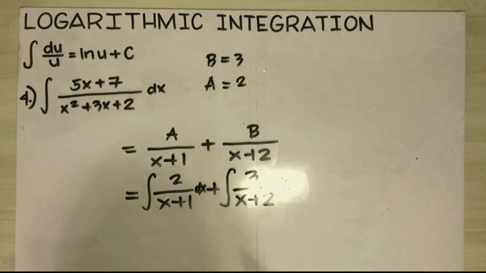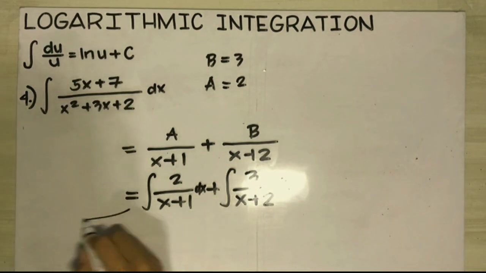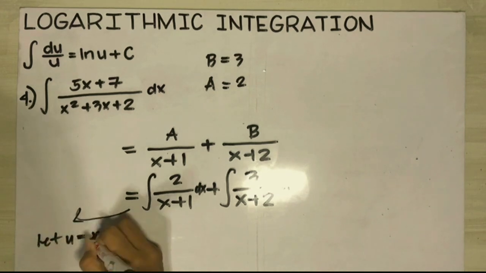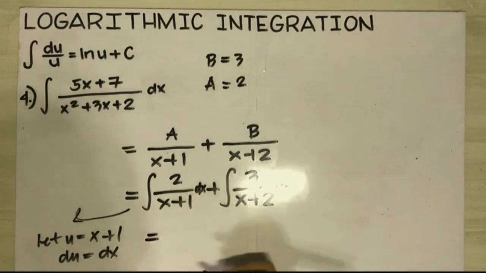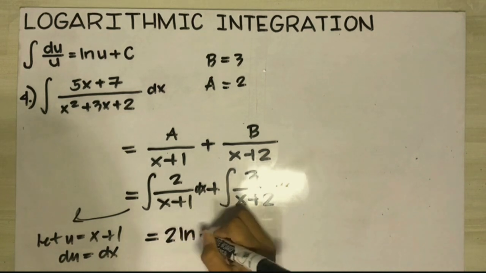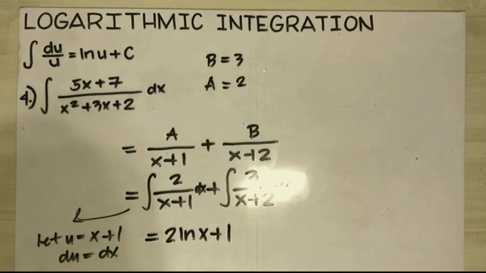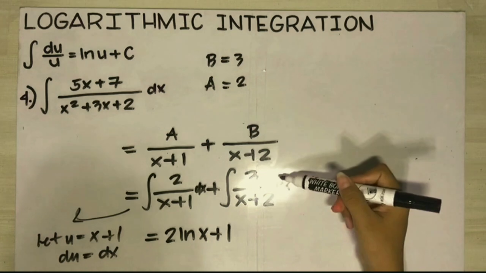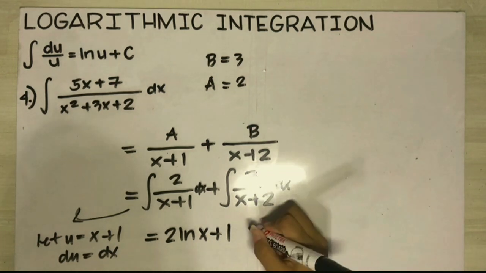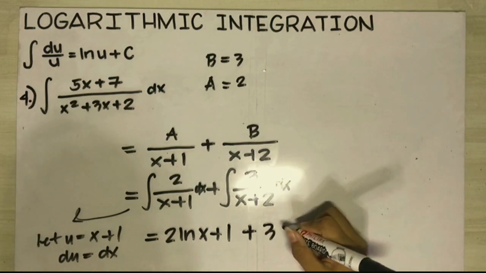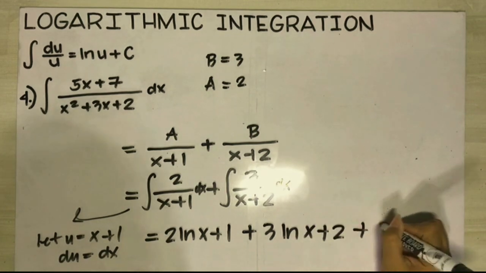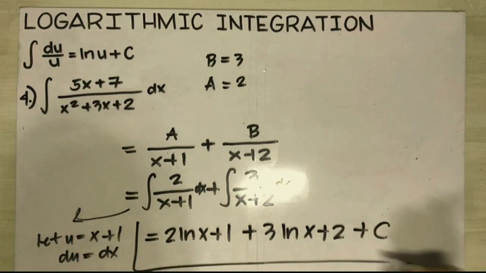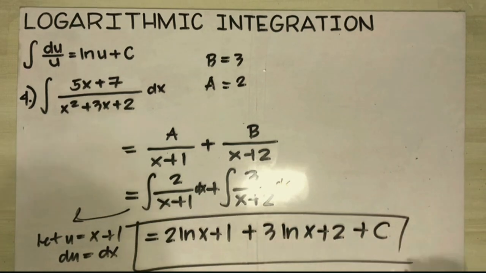So let u equal x plus 1 and du equal dx. So this is now a logarithmic. So 2 ln x plus 1. And this is the same as the b. So 3 ln x plus 2 plus c. So this is our final answer. Again, let's not forget the c or the constant.